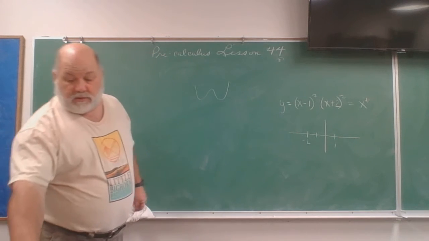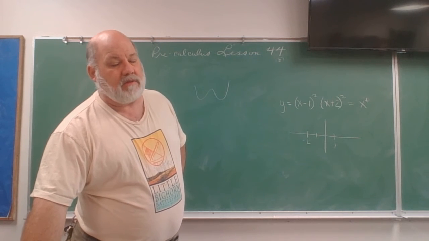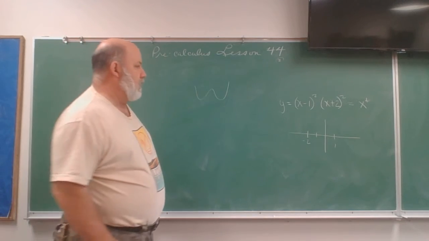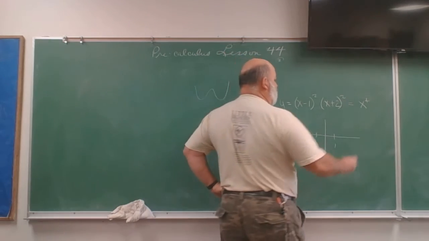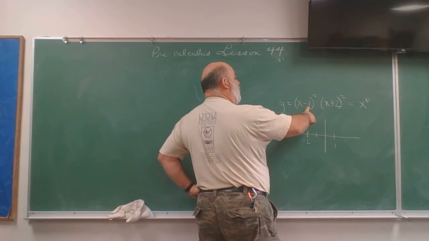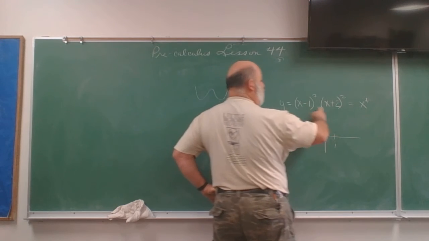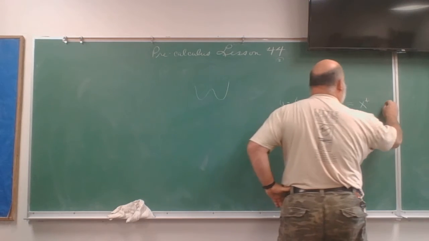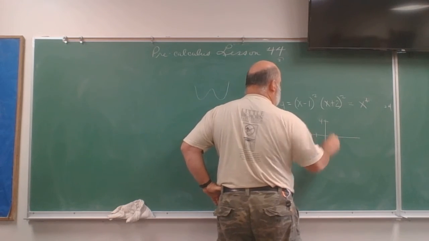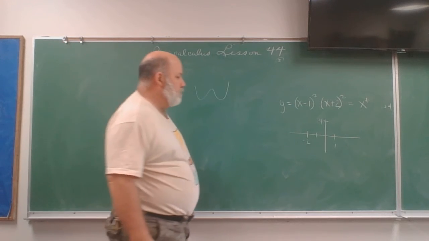So the first 2 possibilities we can just toss out. If you were to multiply this out, your final term would be negative 1 times negative 1 times 2 times 2. Negative 1 times negative 1 is positive 1, times 2 is 2, times another 2 is 4. I can tell you that this is going to cross the y-axis at positive 4.